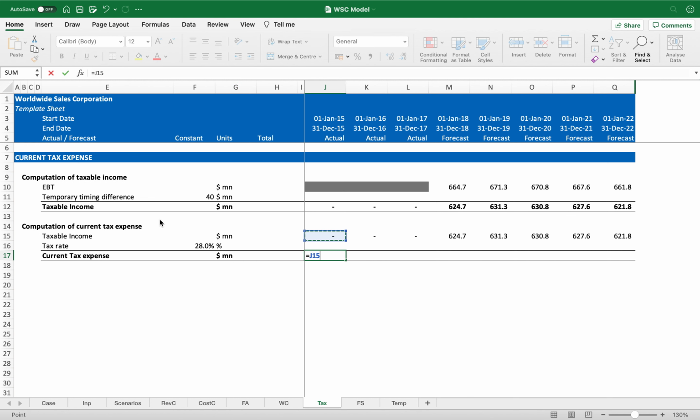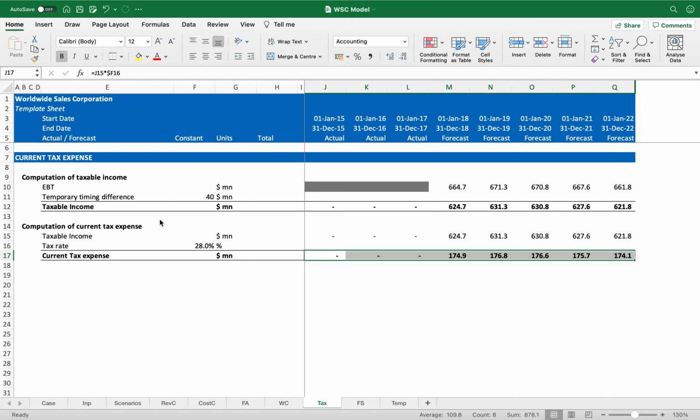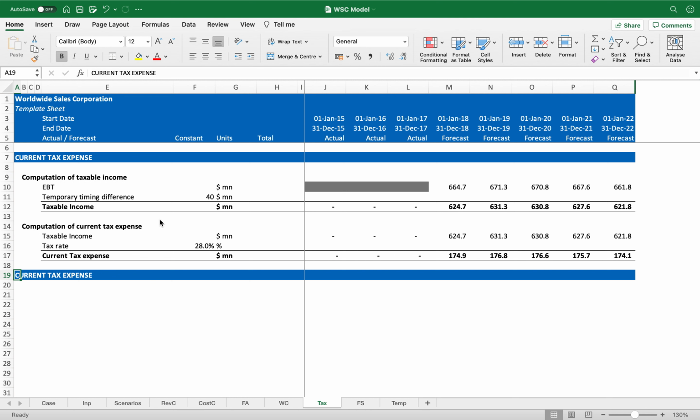Simple. Taxable income multiplied by 28%. I arrive at my current tax expense. Okay. This is one part to my computation. The next part is computation of deferred taxes.